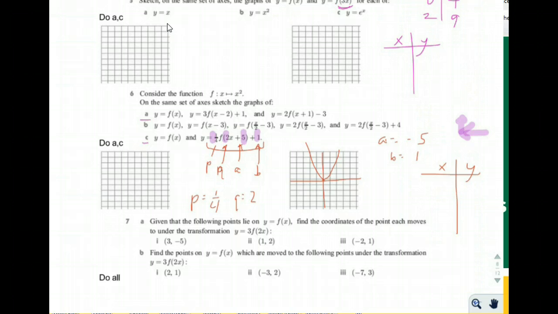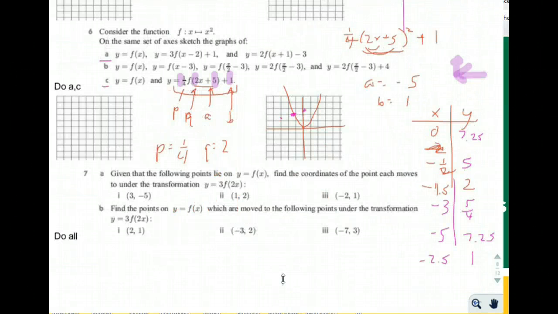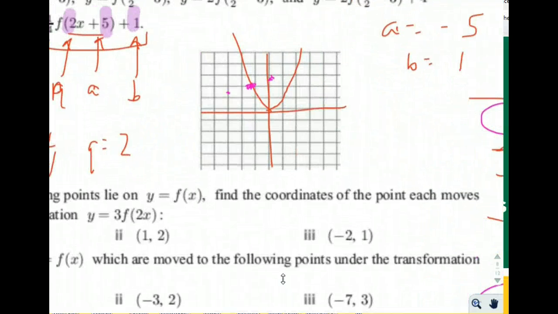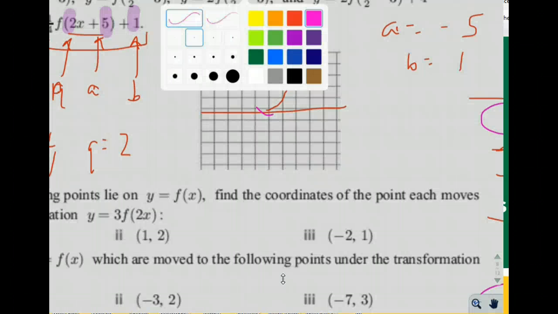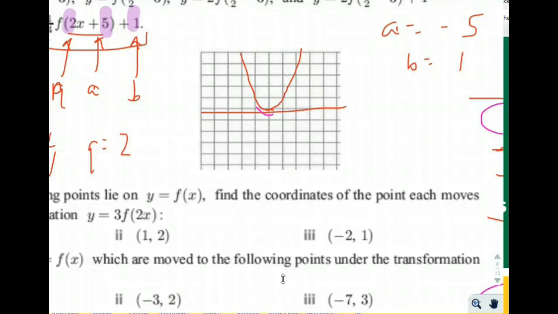We can already see from our prediction about where it's going to go that probably the vertex is going to be to the left a little bit. I've skipped ahead here a little bit and I found some values. Coincidence, 0 and -5 both have the same height, so the vertex is going to be halfway in between. We find that the vertex is at -2.5, comma 1. Let me redraw in red the regular parabola.